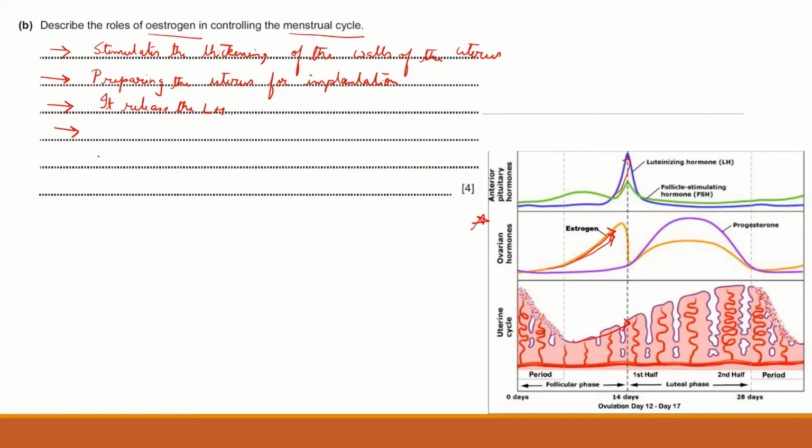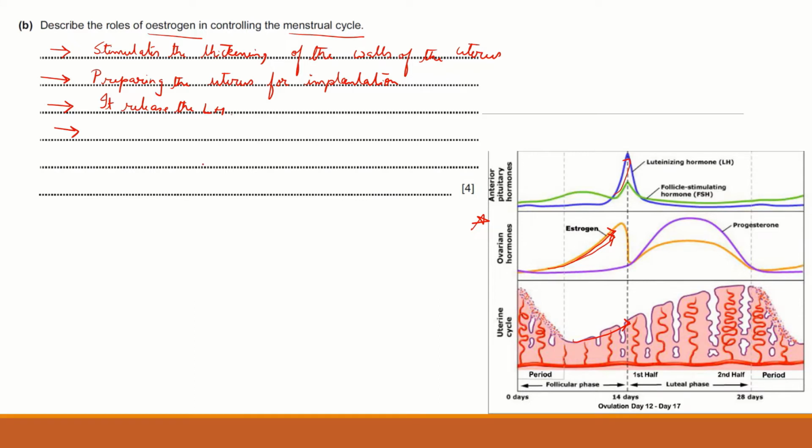Now it should inhibit the release of FSH, because if the follicle stimulating hormone continues to be secreted, more and more follicles will be made in the ovary, so that has to be stopped.